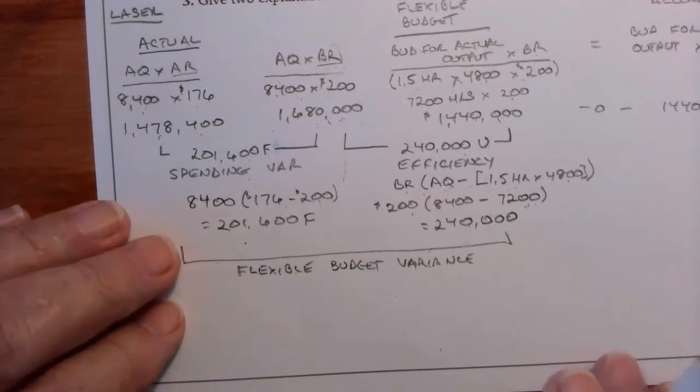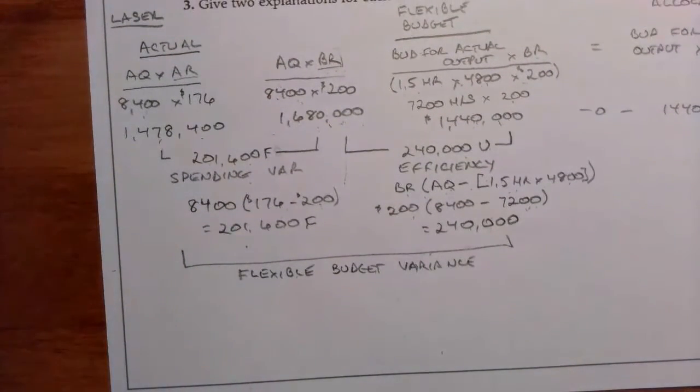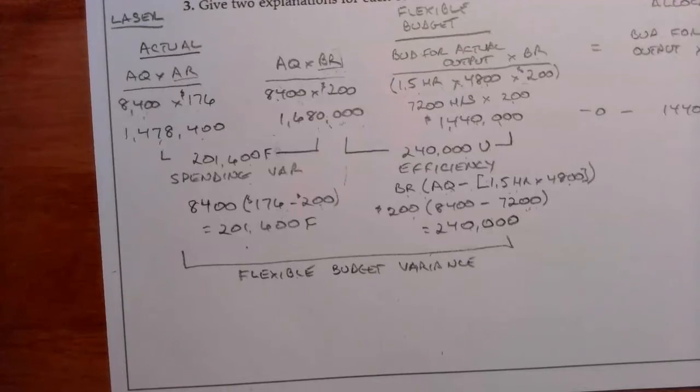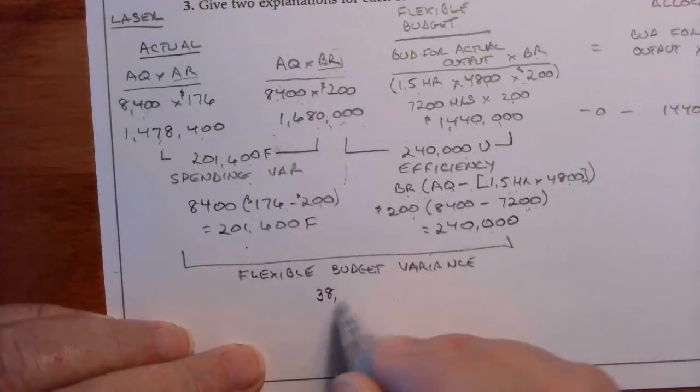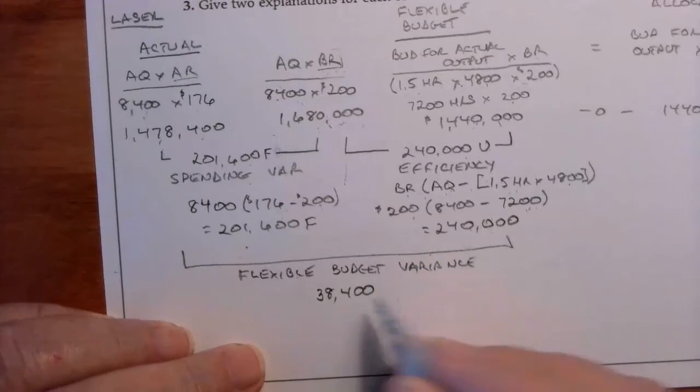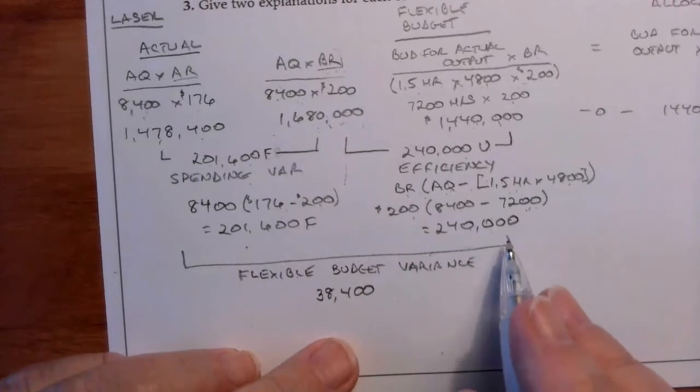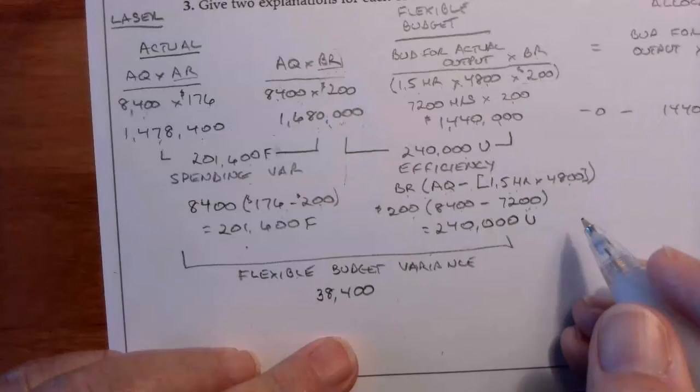So what's that? I should get the calculator, right? We've got 201,600 minus 240,000, which is 38,400, and this one was unfavorable.